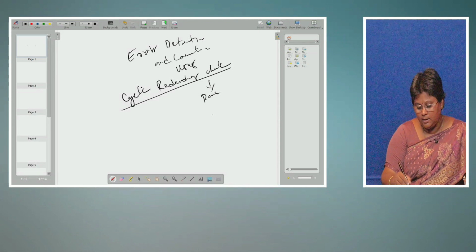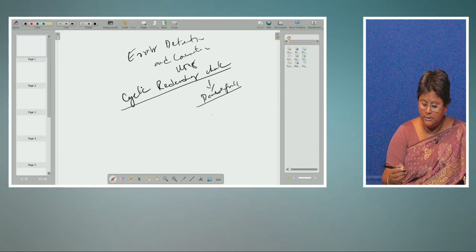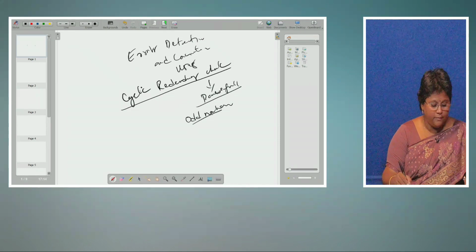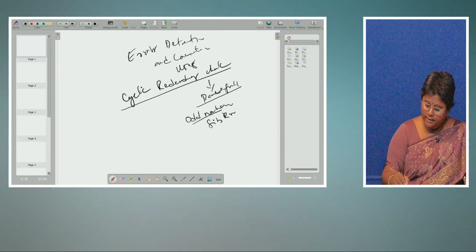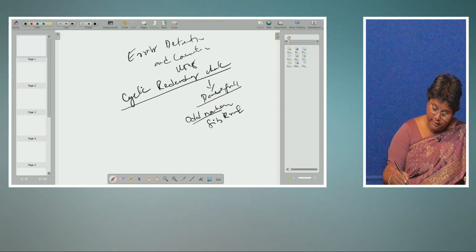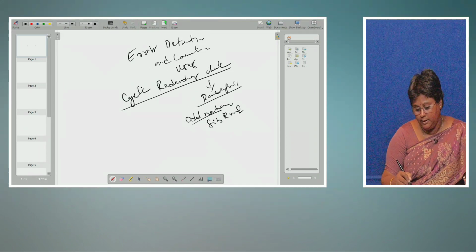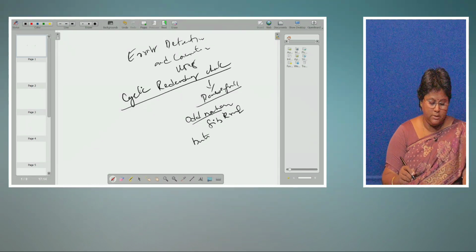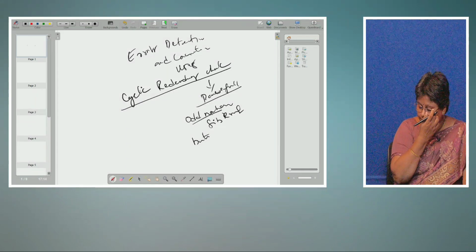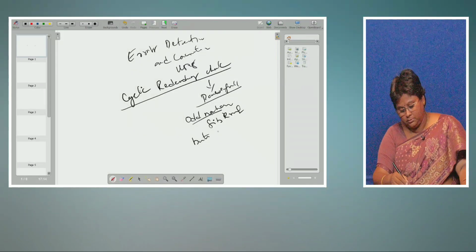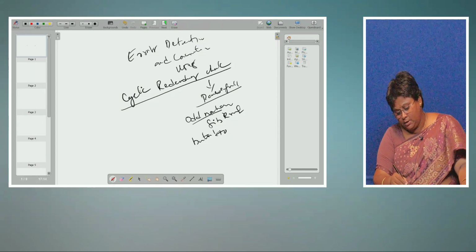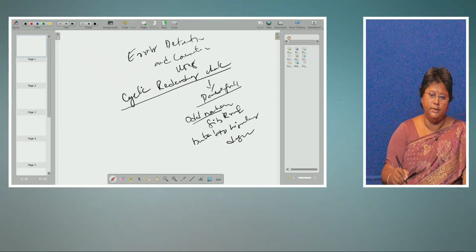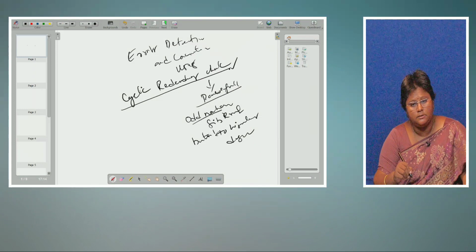Because this method can detect all odd numbers of errors, single bit errors, and also burst errors up to the highest degree of the polynomial being considered for creating this cyclic redundancy check.